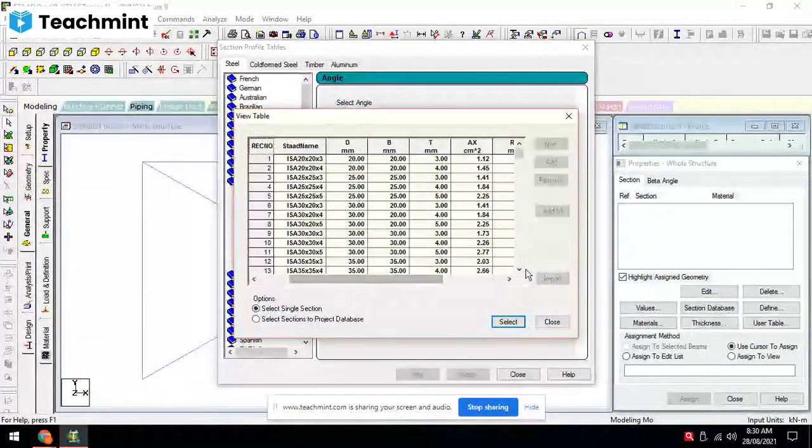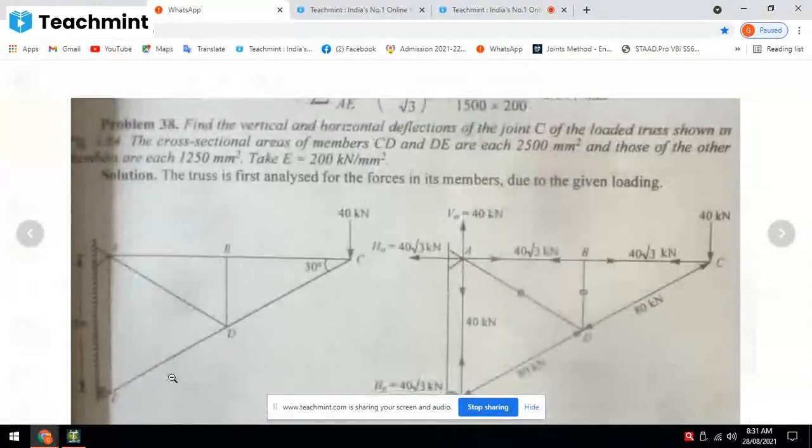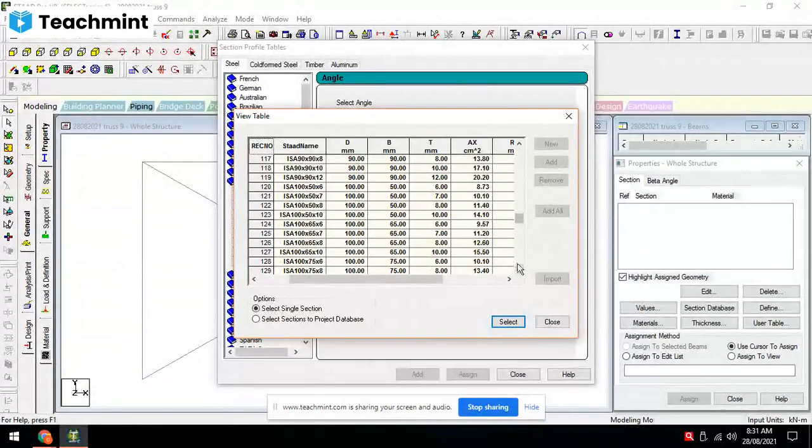12.5 and 25. Let's see whether it is available or not. 12 is available, 12.20 is available, 13.8, 11.4, yeah, 12.60 is available.